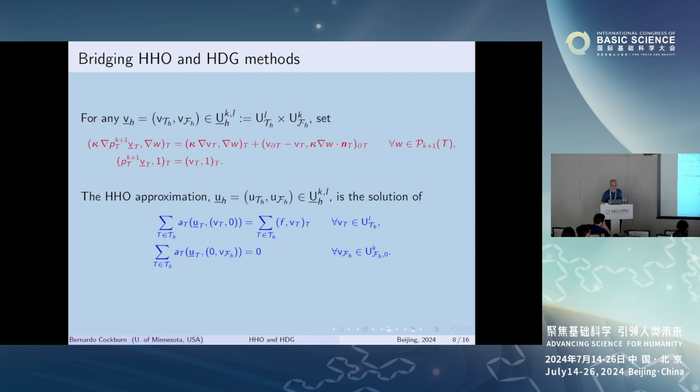The test function here is going to be only the test function associated to the interior of the element. And everything in the boundary is going to be 0. Here, I'm going to do the opposite. So the test function associated to the interior of the element is 0, and the function in the border is going to be taken in a general way.